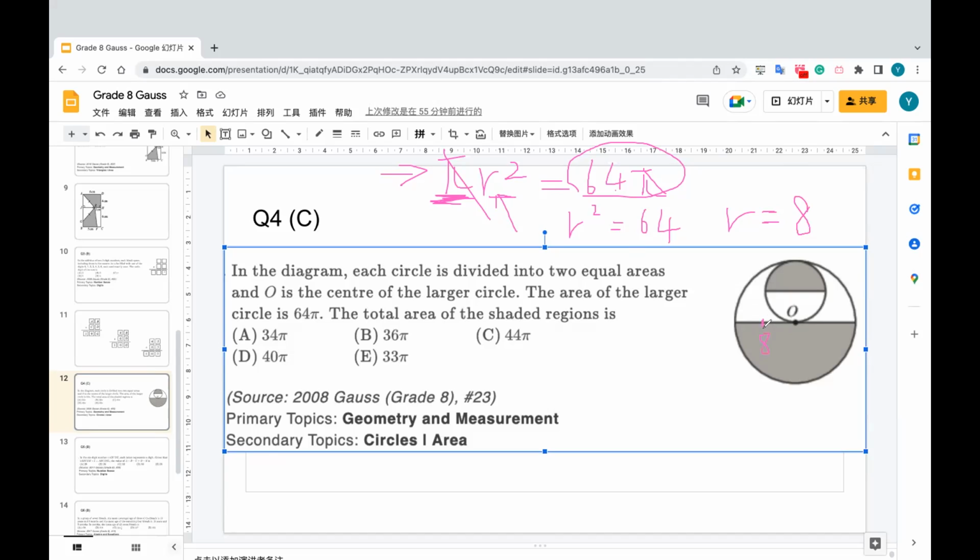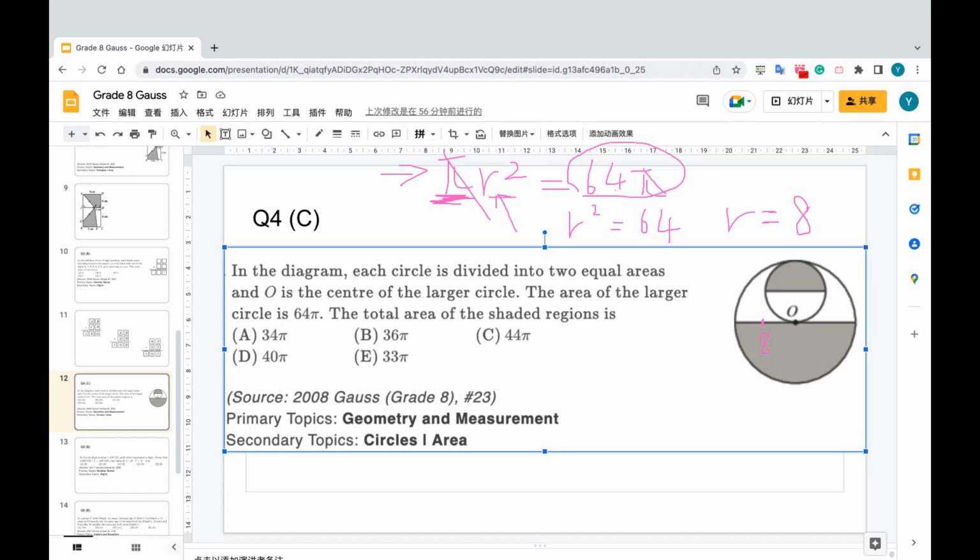We got a radius of the bigger circle of 8. You can also figure out the shaded area of the bigger circle, which is just half of 64, which is 32. And then you need to figure out the area of the smaller circle.